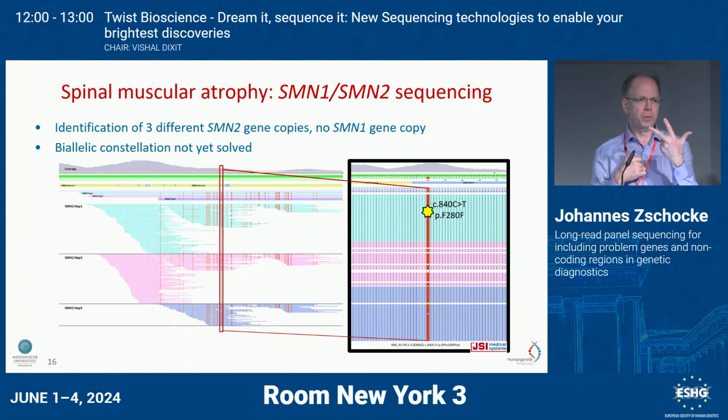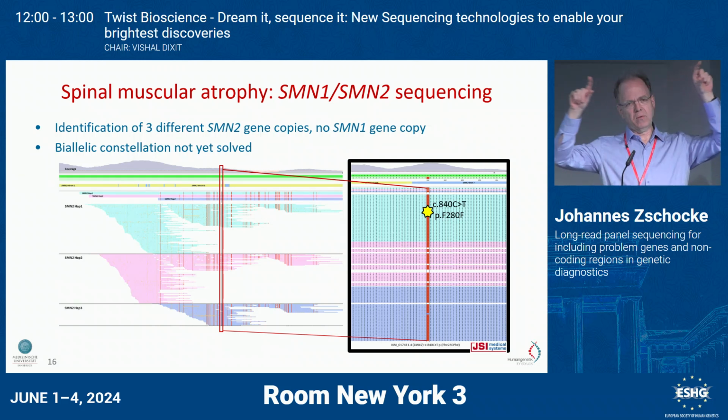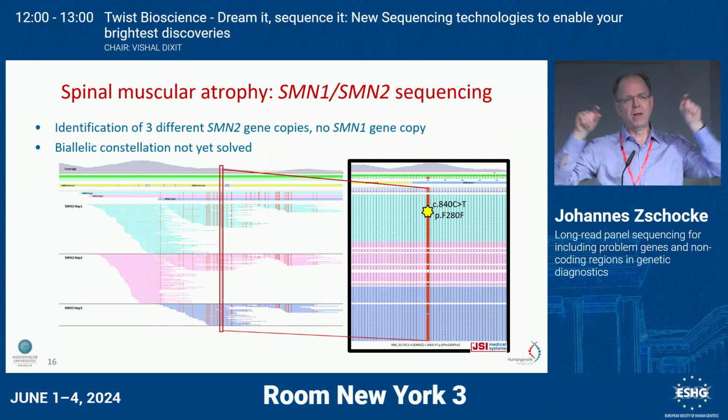But you have 3 copies, and you'd like to know how are they organized on your chromosome. If you have 2 SMN1 copies and 2 SMN2 copies, you would think, okay, one is on each chromosomal strand, one SMN1 and one SMN2. But we also see in a few individuals that there are 2 SMN1s on one chromosomal strand and 2 SMN2s on the other. So that person is a carrier.